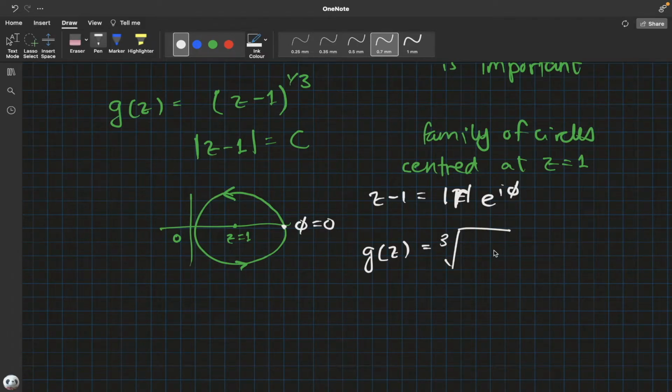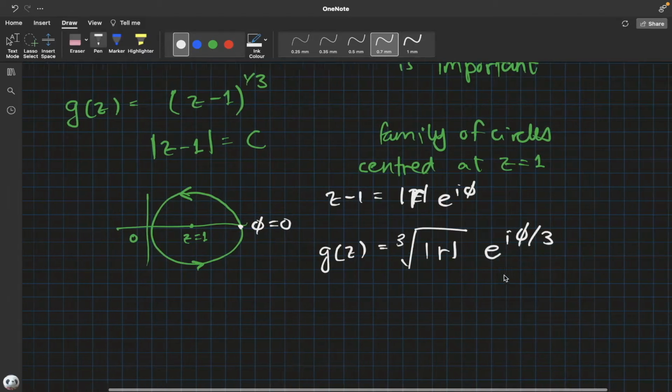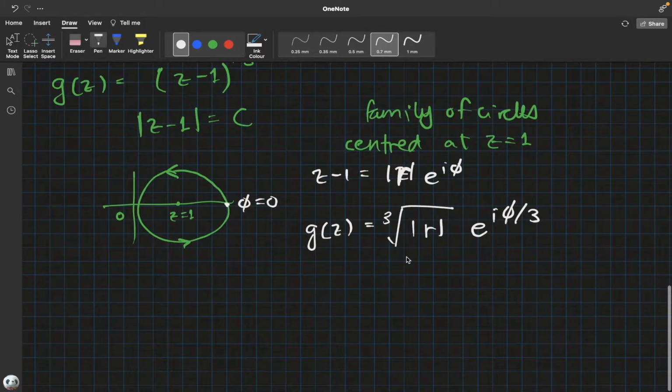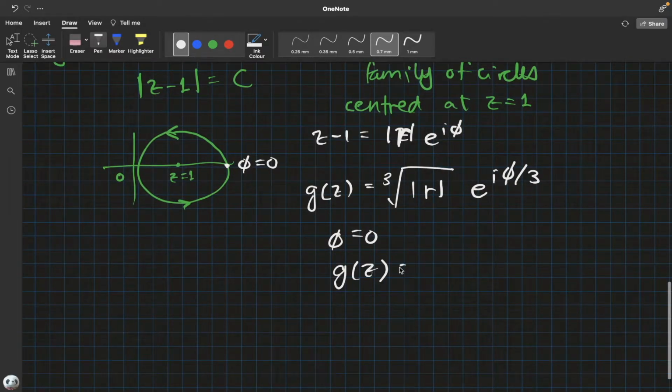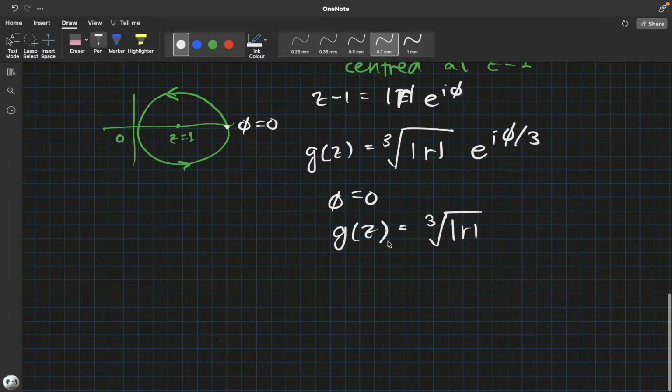So when I do that, I have cube root of mod r e to the I phi over 3. I have to divide by 3 now because we have a cube root. So when phi is 0, this is just cube root of mod r, because e to the I 0 is 1.